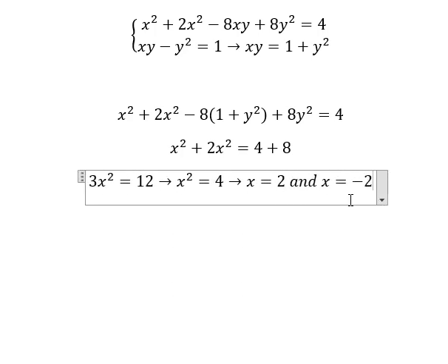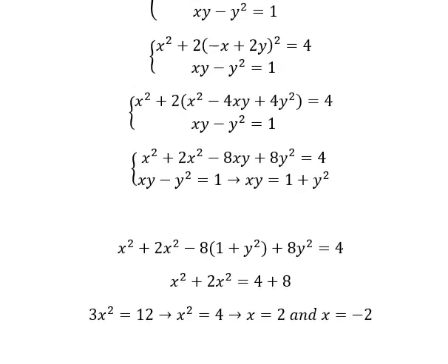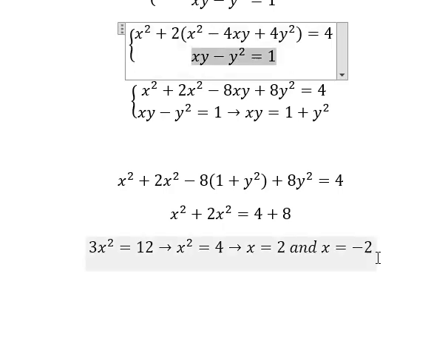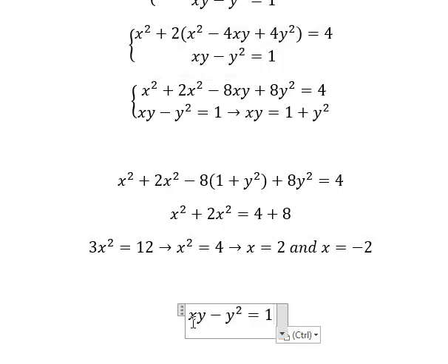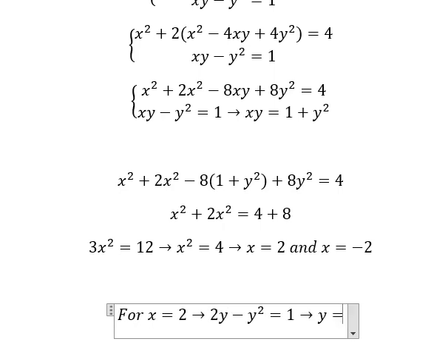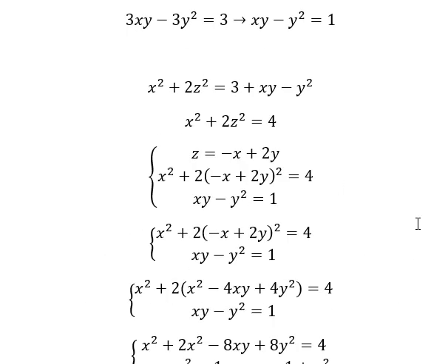We have 2 equations. After you got number 2, we can go back in here. So for x equals number 2, we put number 2 in here, so we can find the value of y. So y equals number 1. After you got y and s, we can find the value of z. Z, that is this one.